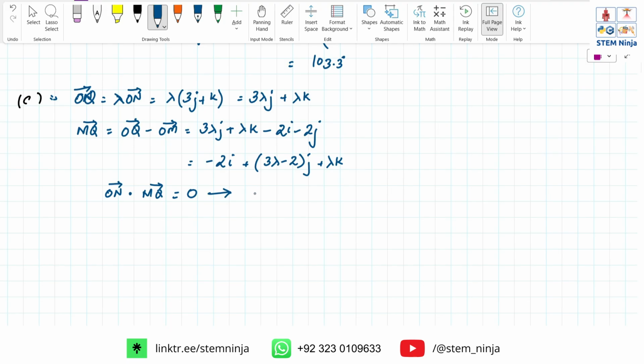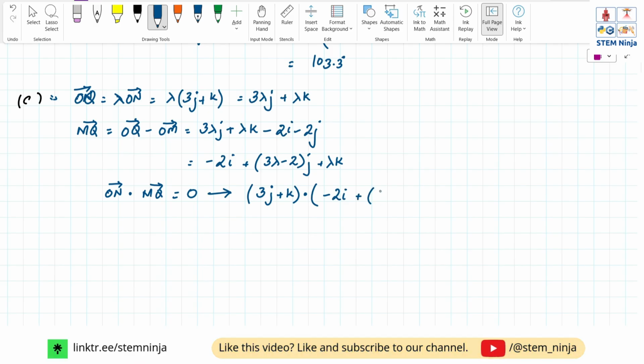So when we expand this, ON is 3j plus k, dot MQ, which is this entire thing, minus 2i plus 3 lambda minus 2j plus lambda k, is equal to 0.